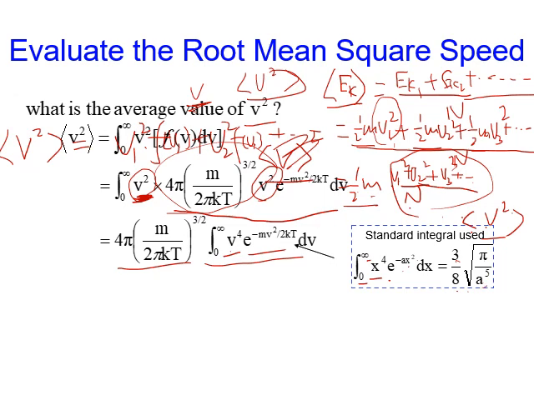So x is replaced by v, and x squared is v squared, and the important thing is to find what a is. In this equation, a is m over 2kT, and plugging that in, you can calculate the integral.